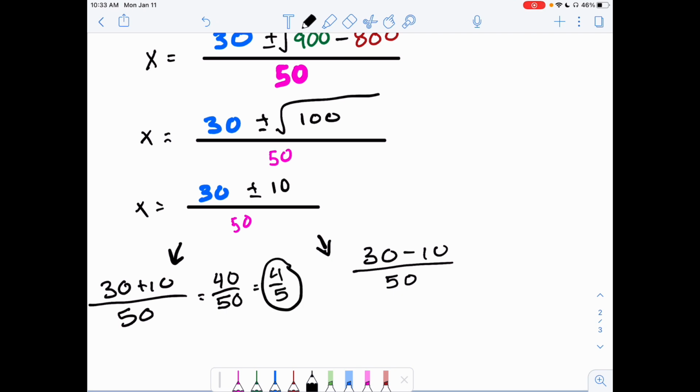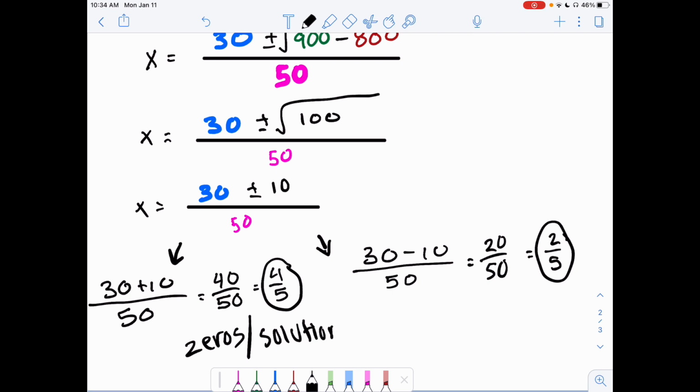So here's our first x. And for our second one, 30 minus 10 is 20 divided by 50, simplifies to be 2/5. So our two zeros, our two solutions, or x-intercepts, are 4/5 and 2/5.